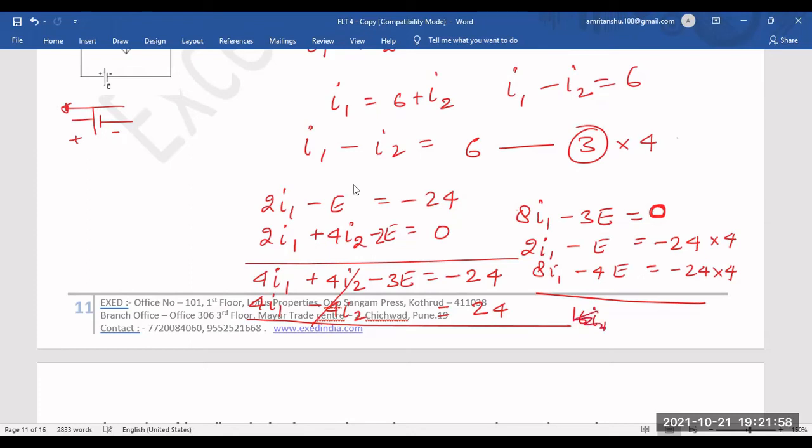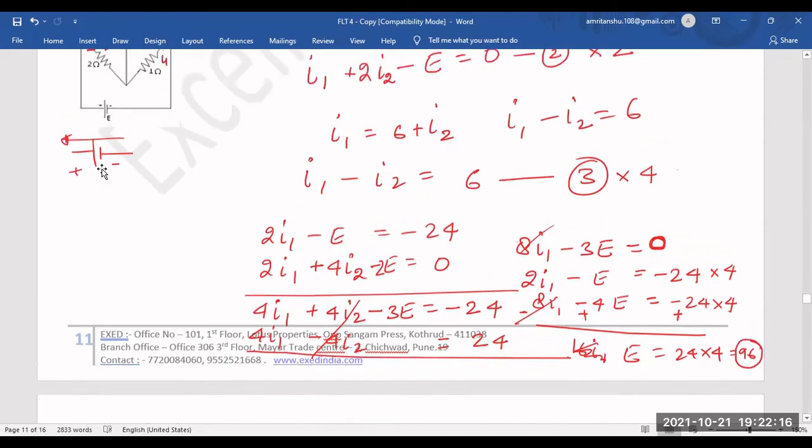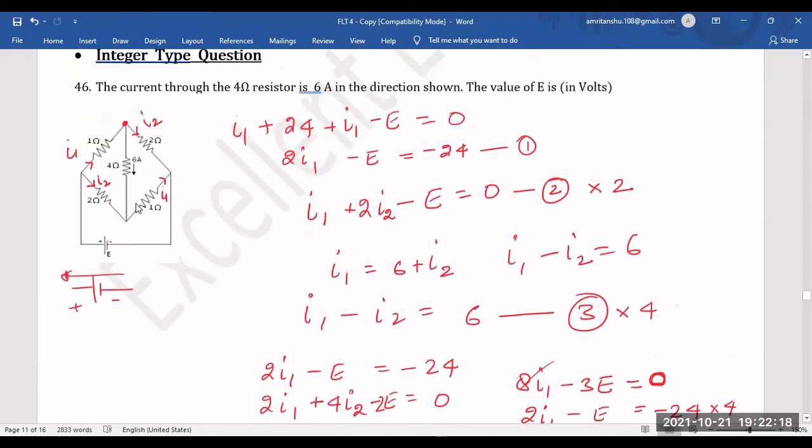Okay, so what I'm going to do is add them; minus plus plus, this goes, and here what we're left with is e equal to 24 into 4, which is 96, which also happens to be the answer to this question. So the answer for this will be 96.